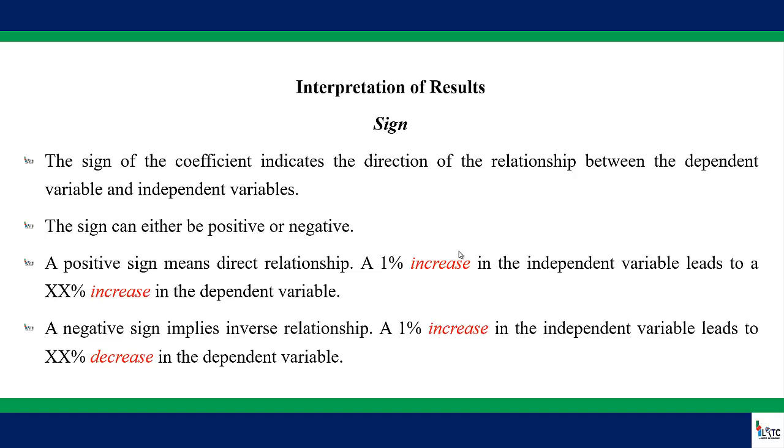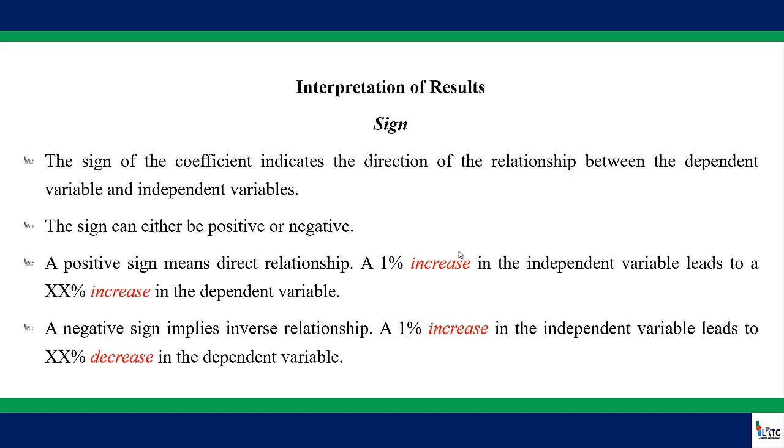Now let us quickly take a look at the interpretation of results, that is the first X, the sign. The sign can either be positive or negative. That is, when you have your OLS results, the coefficient will carry either minus or plus.